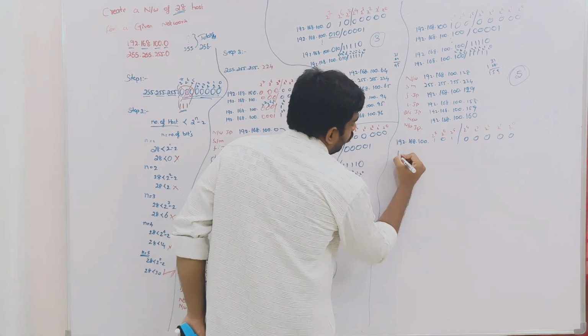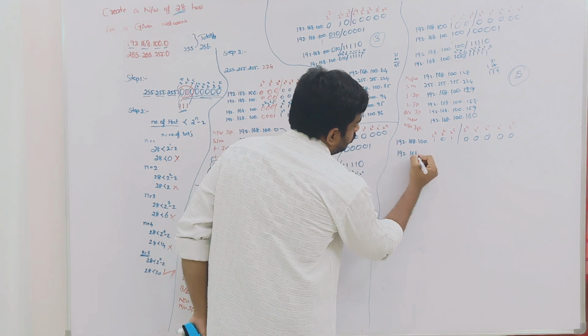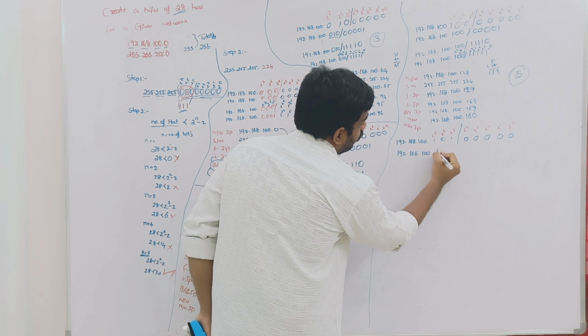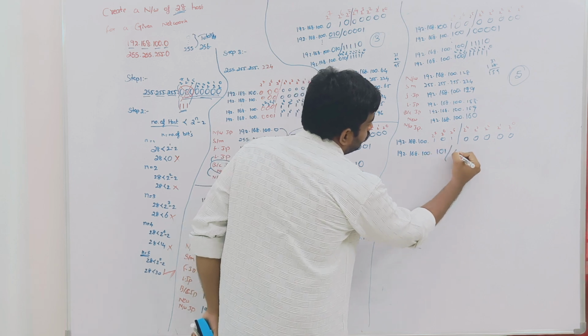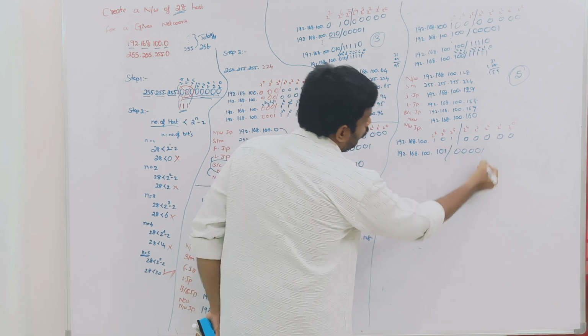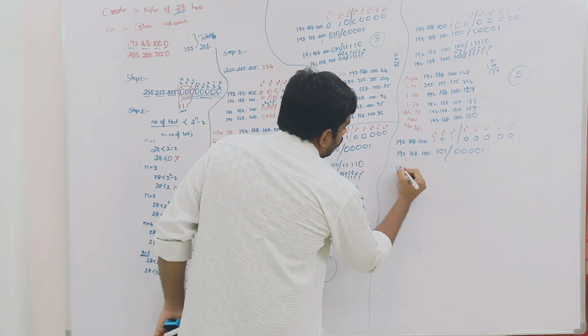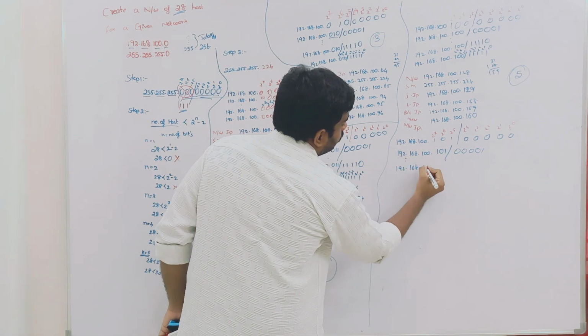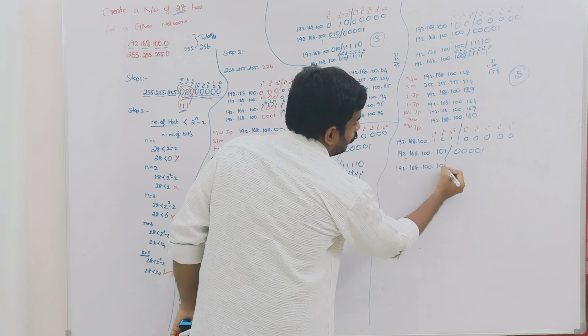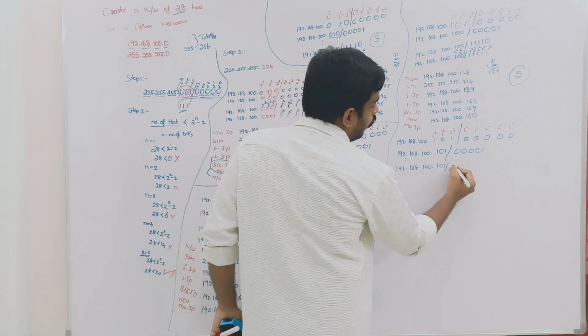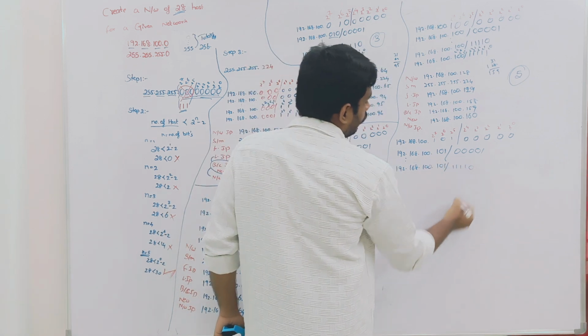You write 192.168.100.101 slash 00001, and the last IP will be 192.168.100.101 slash 11110.